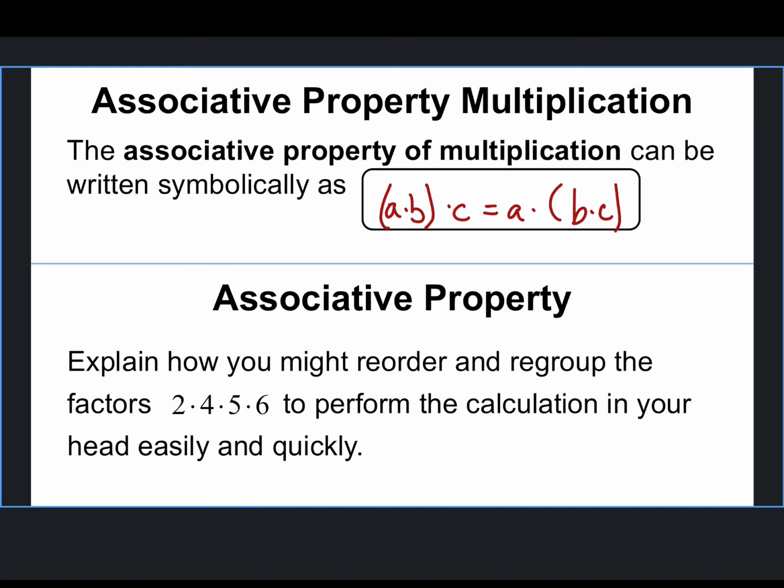So that's the associative property of addition and multiplication. Does anyone have any questions so far?